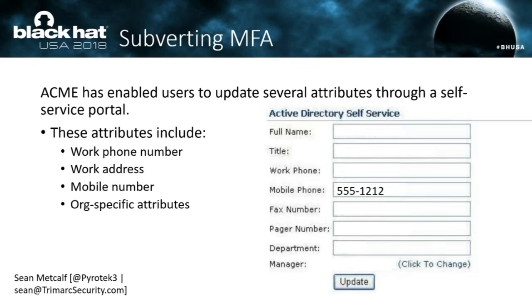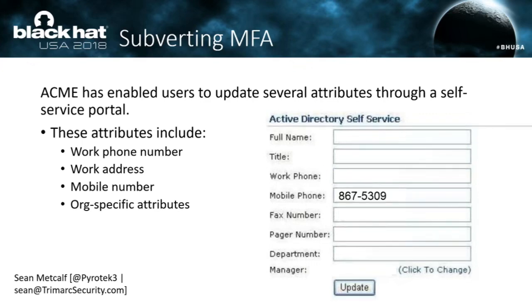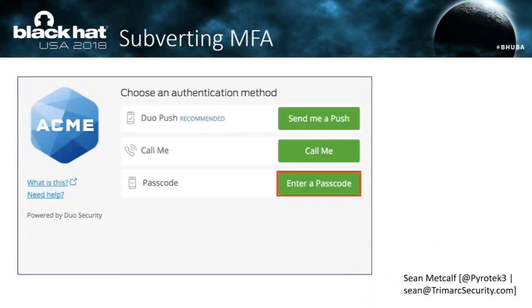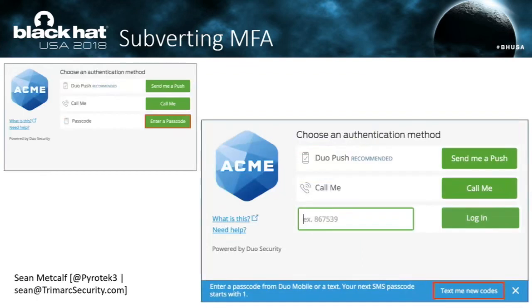Well, if the attacker can leverage a self-service portal, they can change it to 867-5309, because that's what any attacker is going to use as a phone number. It's easy to remember. And once this attacker has access and the ability to change that mobile number, things get pretty interesting, because in Duo, by default, or at least in the configurations I've seen, as well as other MFA configurations, there's a backup to the standard app push, which is, yes, SMS or text.